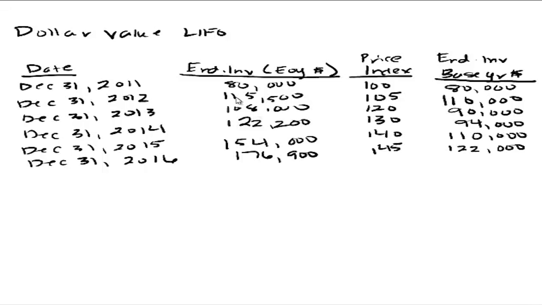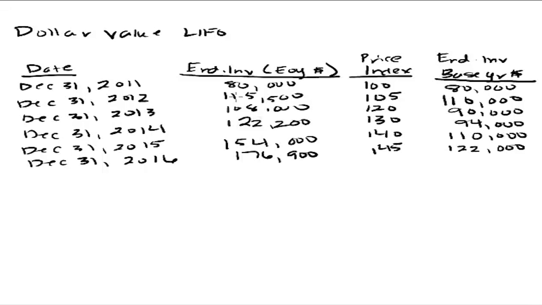So notice that from 2011 to 2012, we went from 80 to 110, so we've got an increase of $30,000. From 2012 to 2013, we decreased by 20. From 13 to 14, we increased by 4. 14 to 15, we increased by 16. And from 15 to 16, we increased by 12. So this can go up and it can go down, and depending, we do things a little differently in the layers.